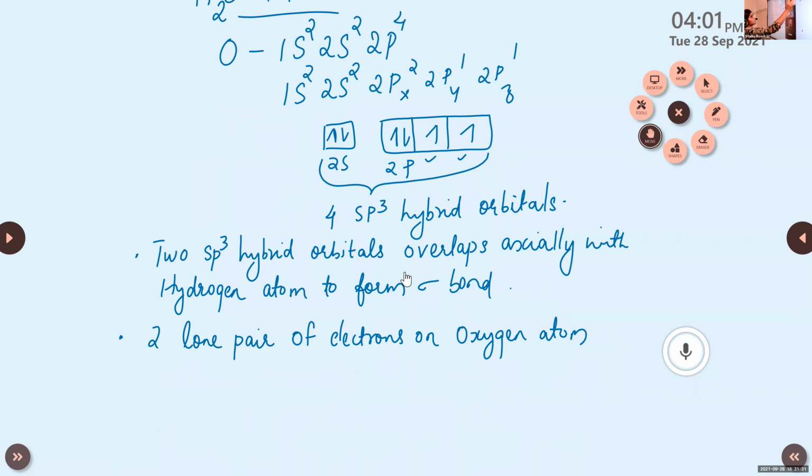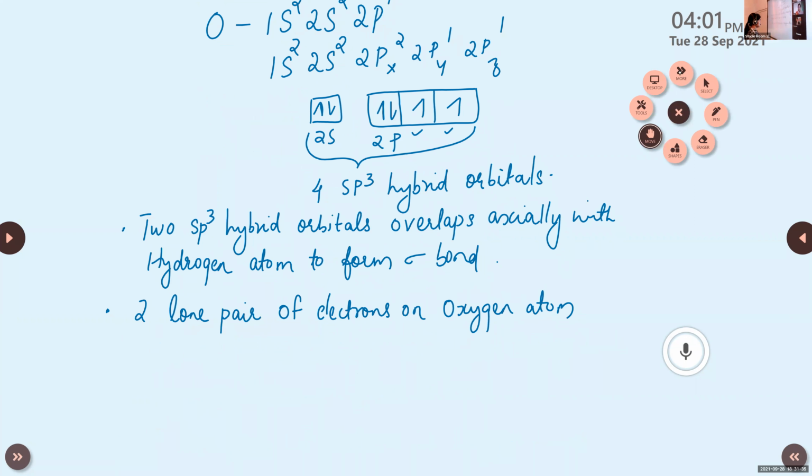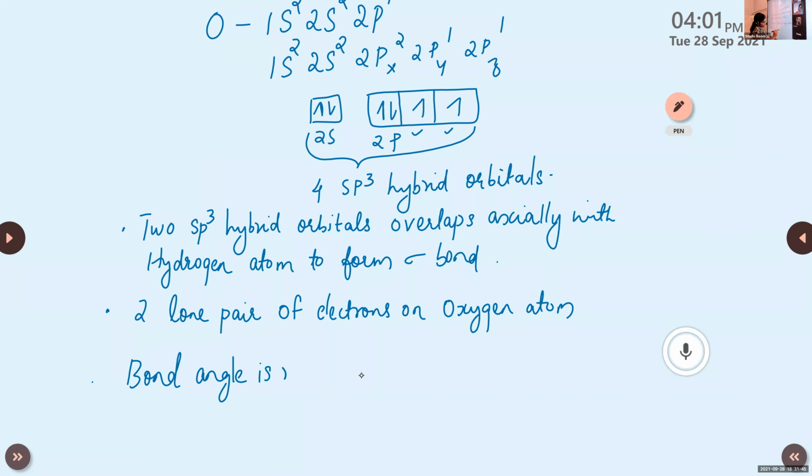So here the bond angle is reduced to 104.5 degrees from 109.5 degrees.